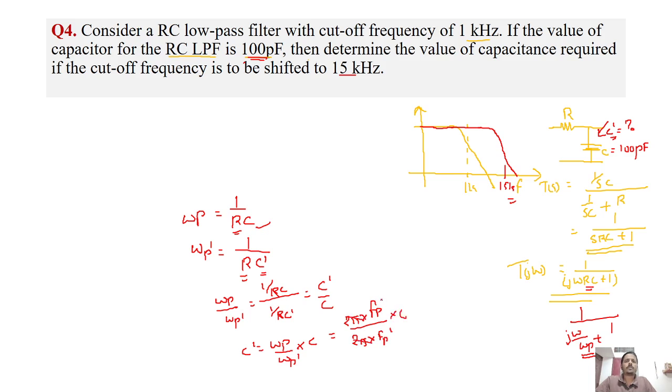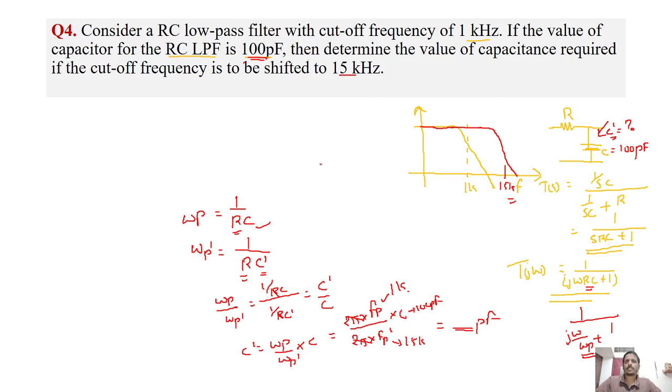Fp, the previous frequency, was 1k, and fp dash, the new frequency, is 15k, and capacitance is 100 pico. If we just substitute and calculate, we will get the capacitance value in picofarad. So that's how we'll find the capacitance value in this question.